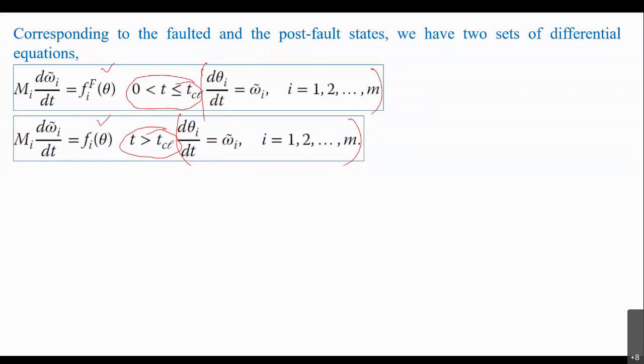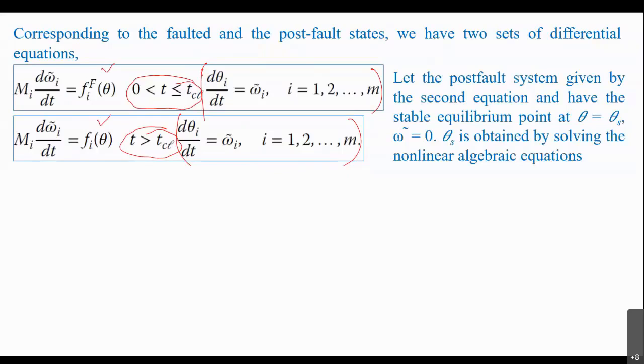So let the post fault system be given by the second equation, and have the stable equilibrium point at theta equal to theta s. Let us say there is a point theta equal to theta s and omega tilde equal to 0, where there is a stable equilibrium point, the post fault stable equilibrium point. From this equation, theta s can be obtained by solving the nonlinear algebraic equation.